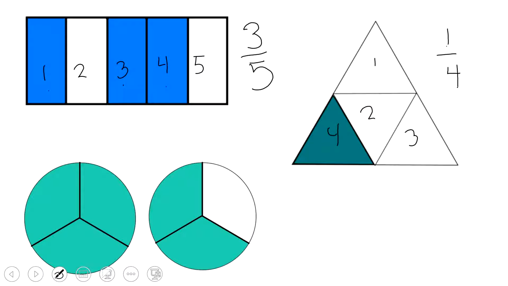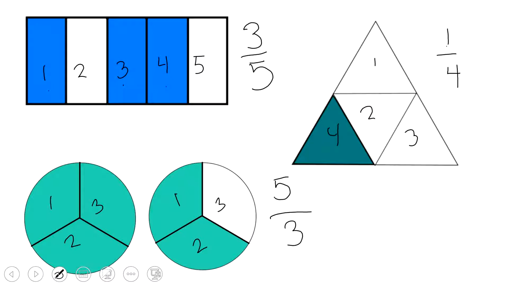I even know how to do it when I have more than one whole. So if I look at this model, they're all cut up into 1, 2, 3 pieces. This is also cut up into 1, 2, 3 pieces. So my denominator is still going to be 3, because that's how much a whole is cut up into, and I've got 1, 2, 3, 4, 5 pieces shaded in.